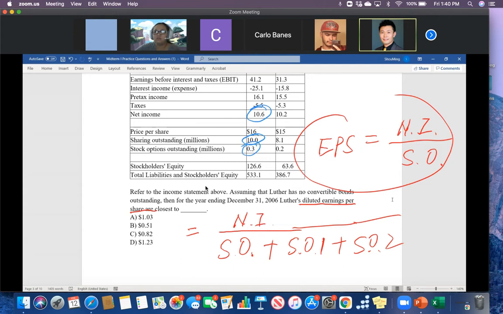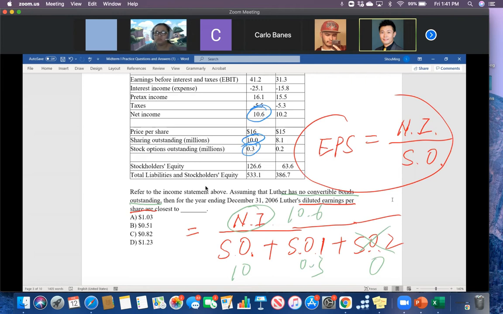And from reading this question, it also tells us that this company has no convertible bond outstanding, which means this one should be 0. This one should be 0.3, and the original shares outstanding should be 10, and the net income is 10.6 million.